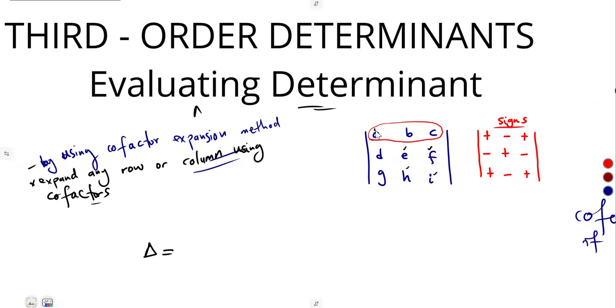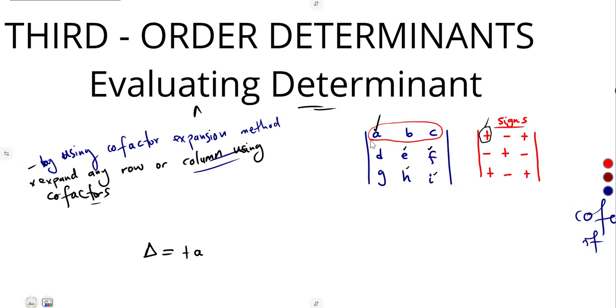So you take A with its corresponding sign. So it's going to be plus A. You are expanding the row. So A is part of the row. It must be there. But don't forget the sign. That's the cofactor concept now involving the sign.